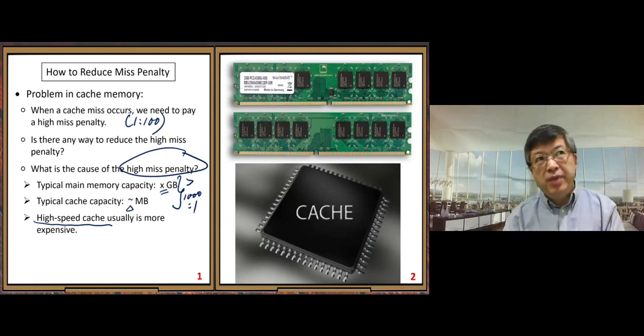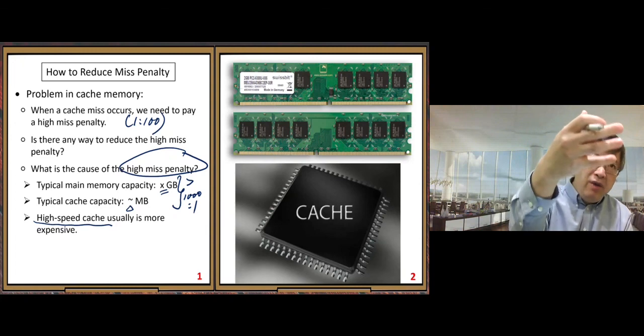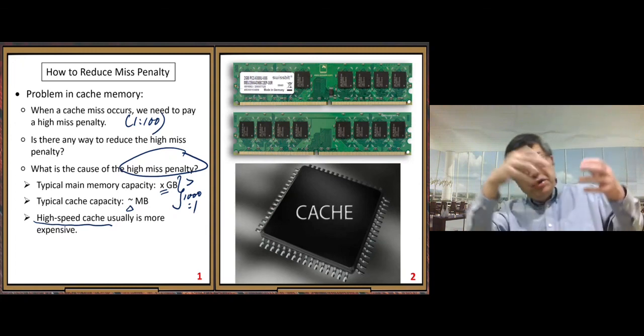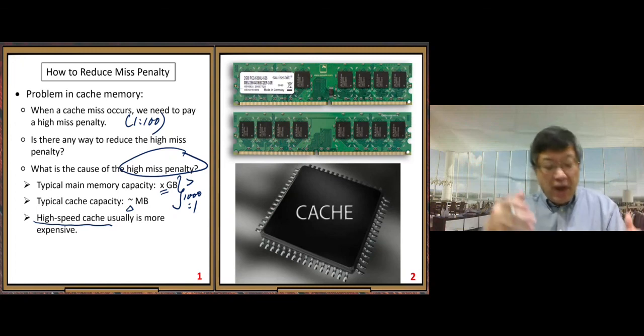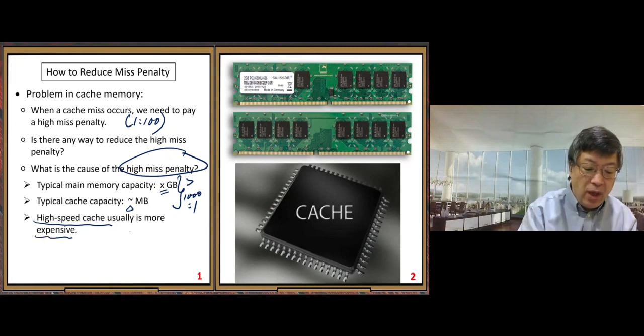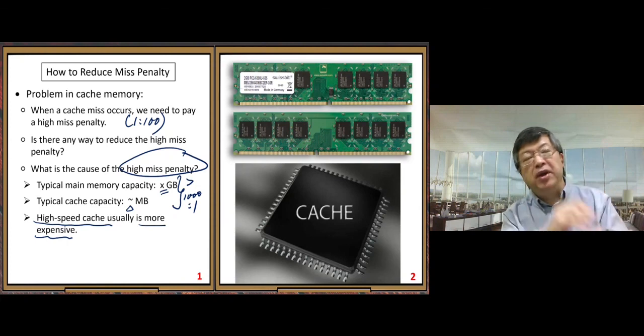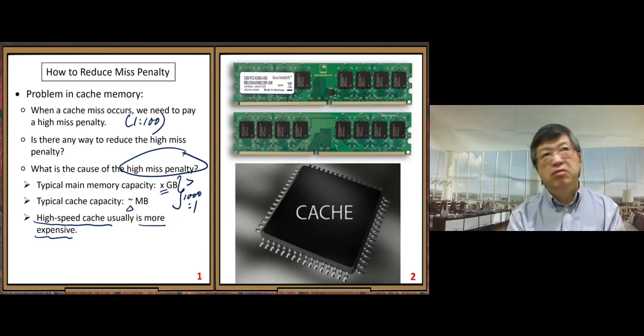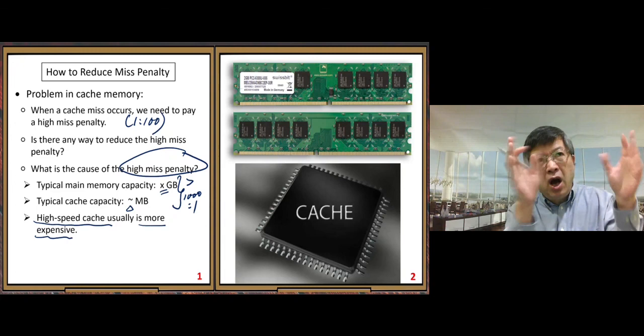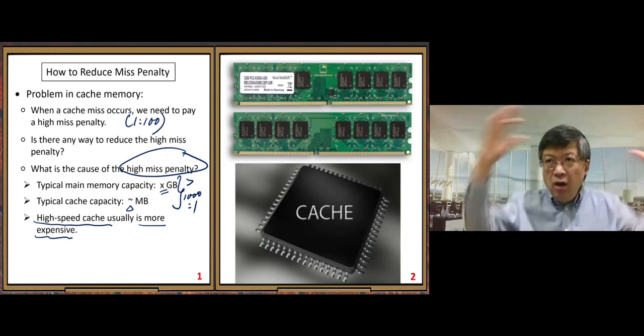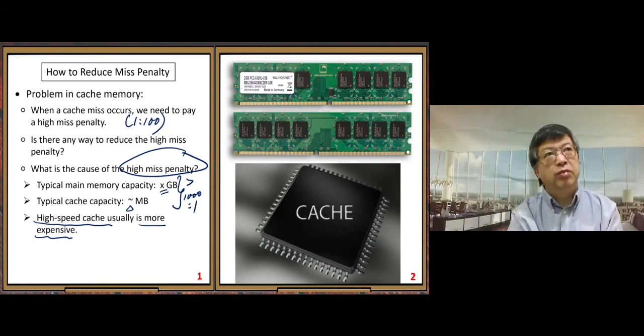If the capacity is big, that will make fast access harder. Also, if you want very fast access but also want to increase capacity, that will be very expensive. The cost is another big issue. We need to control the cost of the whole system, the machine design. The cost is a big factor.